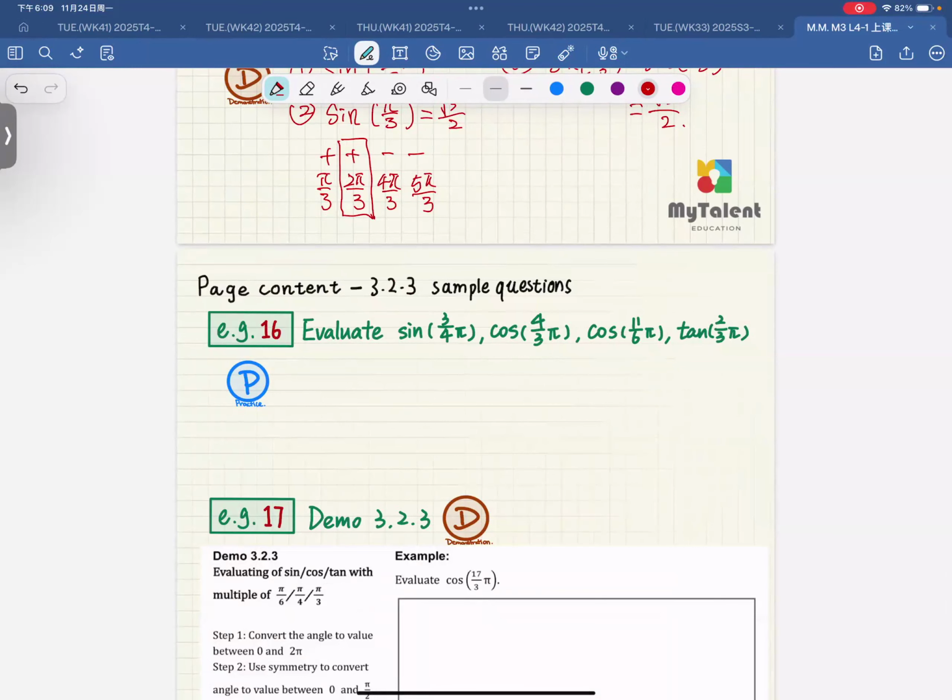Sine... square root 2 over 2. Give me 1 second.